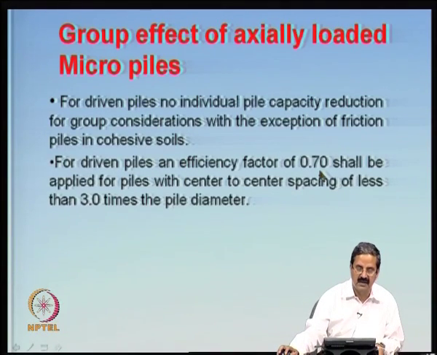We do not assume that it is fully 1. We use an efficiency factor of 0.7, similar to pile design, when the center to center spacing is less than 3 times the pile diameter. Essentially when they are too close we take this reduction, otherwise it is not necessary. It is similar to pile design, we try to make this group efficiency correction also.